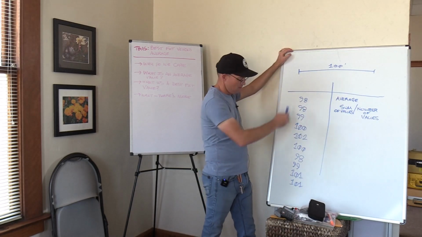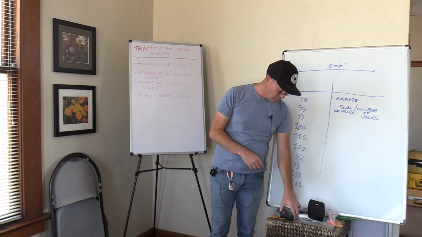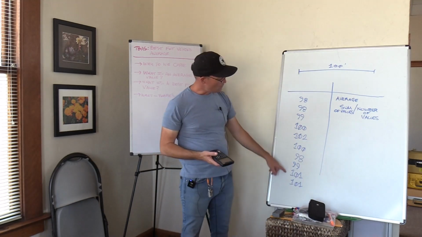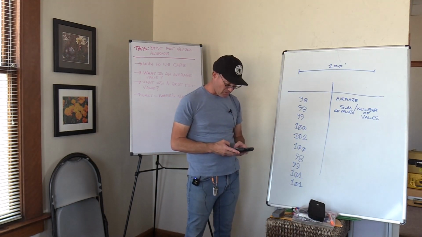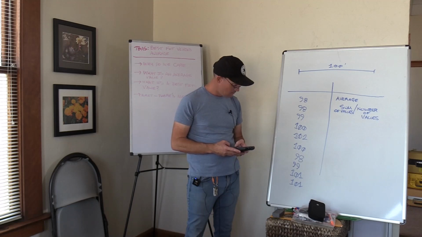So we've got 10 values. I'm going to add these up. First, we're going to sum them. So 98 plus 98 plus 99 plus 100 plus 102 plus 100 plus 98.